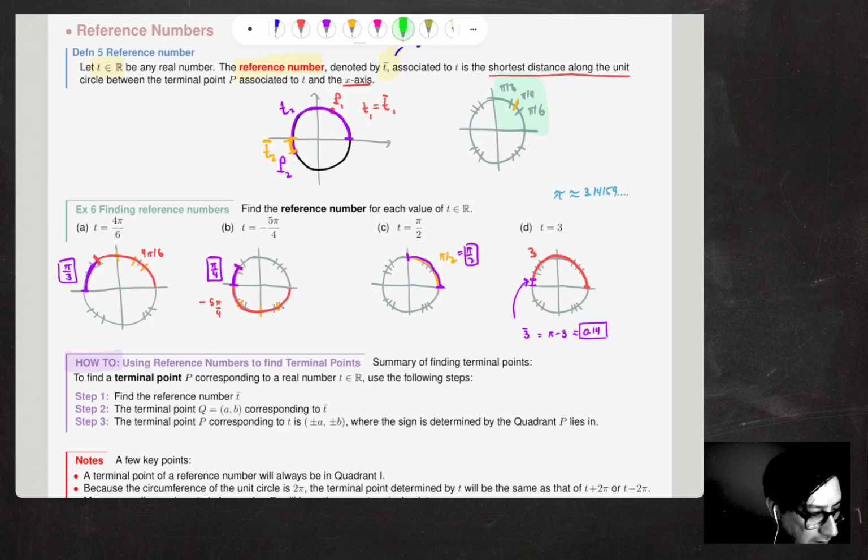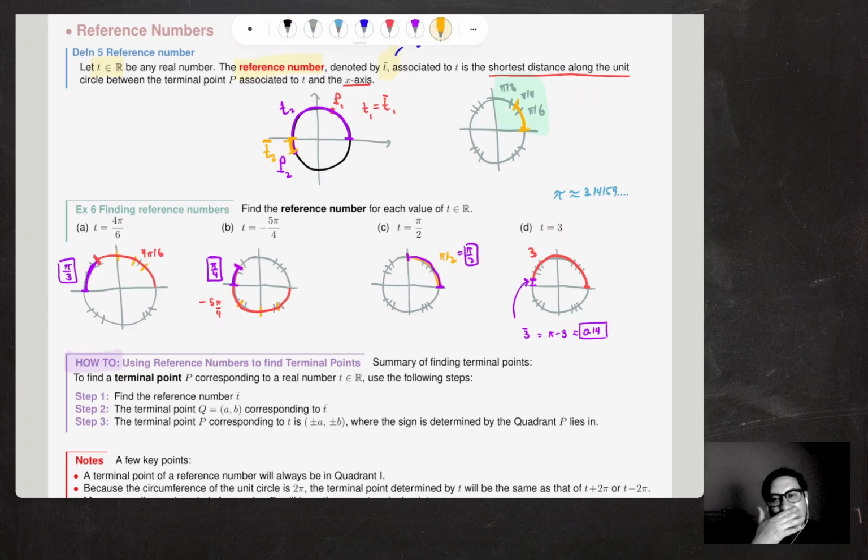Because remember, I'm thinking of this as pi over 4 is from here to here. If I do add 2 pi, I have to add a full circle from where I started. That's why I'm using color here. Notice that starting at pi over 4, going all the way around one full circle, if I add 2 pi, I would land back to where I started.